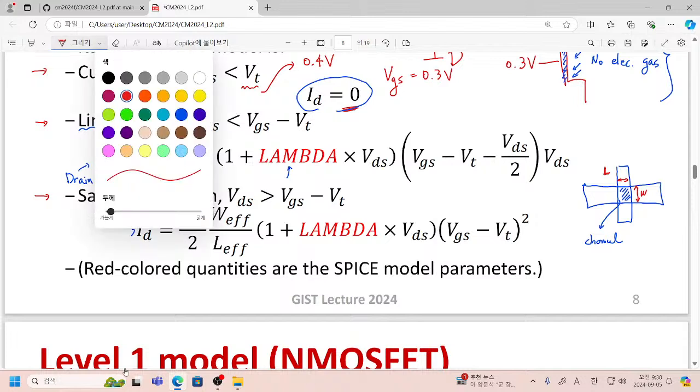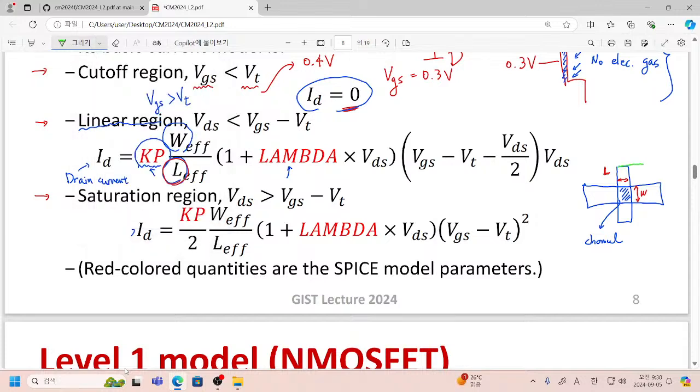Or if you want a device with longer gate channel length, you can draw it this way. If you draw this green box, then your length is increased by the increase of this green box.